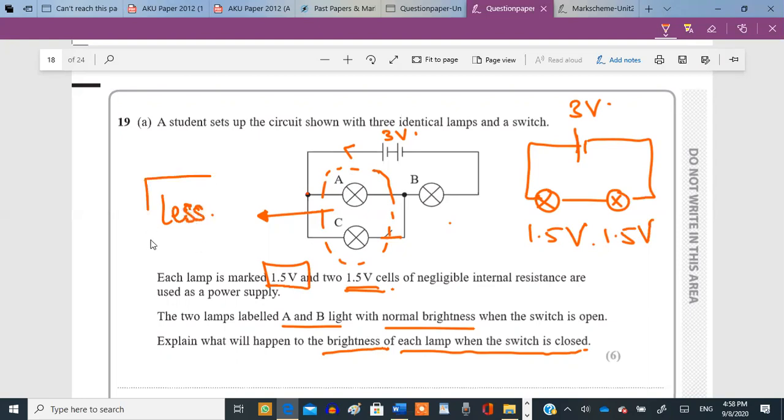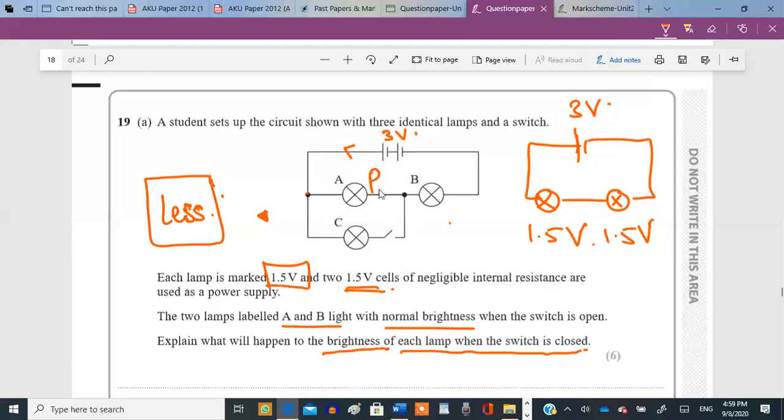Remember that in parallel the resistance always becomes lesser than the actual resistance. Now, they told us they are identical lamps. So identical actually means their resistances are also the same.